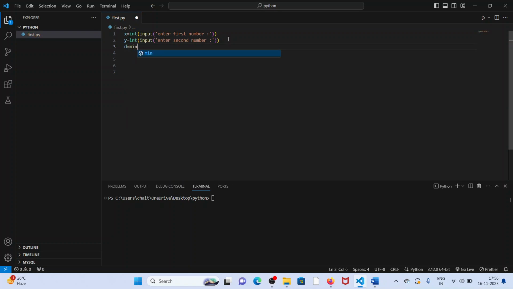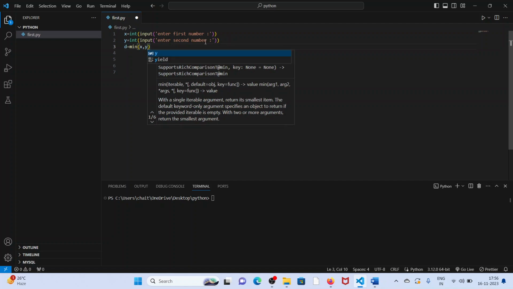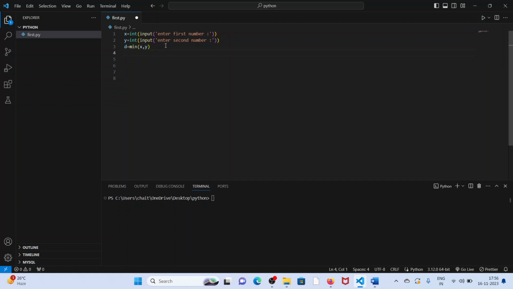Now take the minimum value of these two numbers first, okay. Take the minimum value of x and y: the min function is used to take the minimum value of the two numbers, d equals min(x, y). Then check the condition of the while loop: while x % d != 0 or y % d != 0.